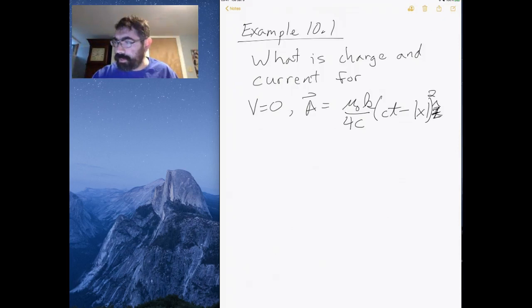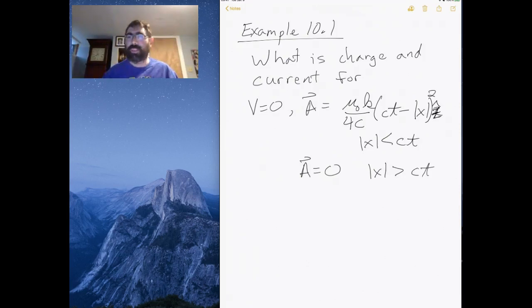Let me make that z look a little prettier. So it looks like that when the absolute value of x is less than ct, and A is going to be equal to 0 when the absolute value of x is greater than ct.